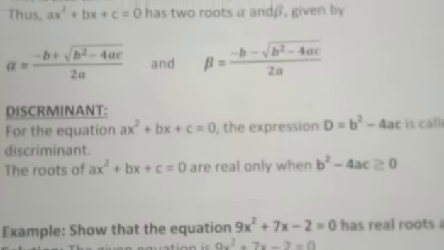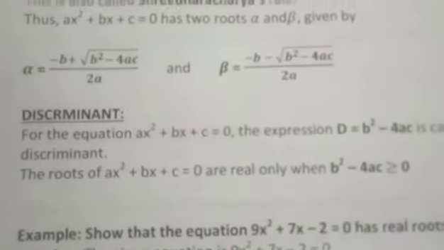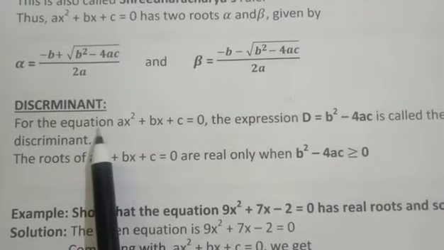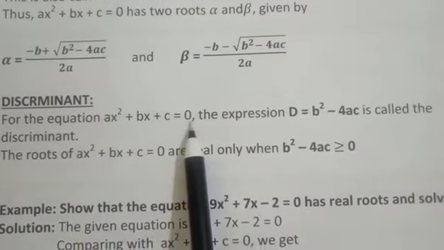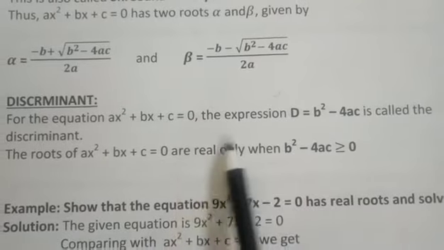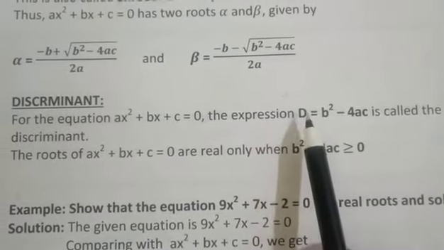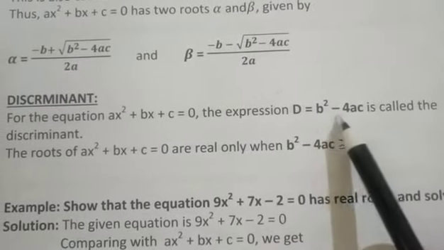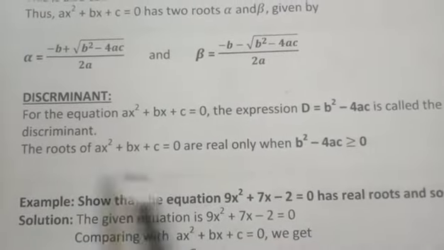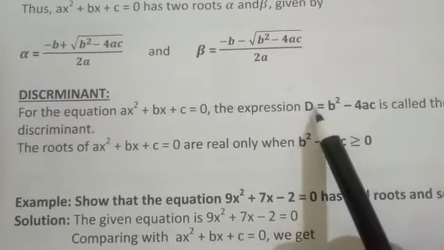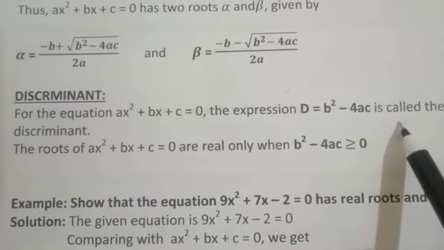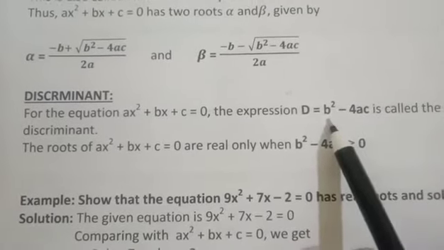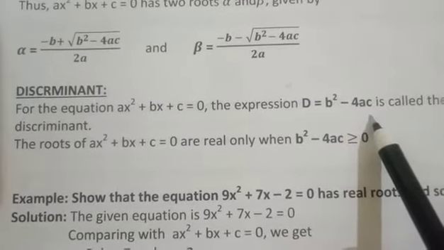Moving forward, we have the next topic, that is known as discriminant. For the equation ax square plus bx plus c equal to 0, the expression capital D, that is discriminant, b square minus 4ac is called the discriminant. This capital D is known as the discriminant, and the formula to find out the discriminant is b square minus 4ac.